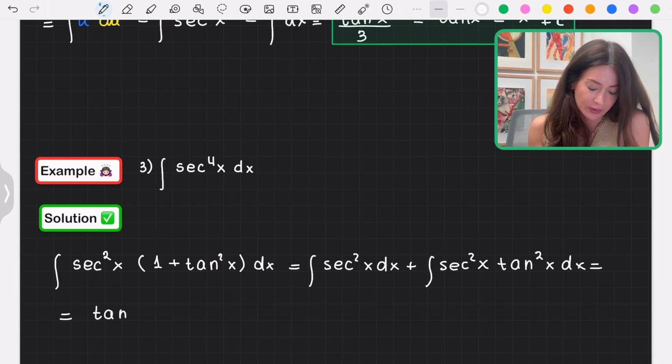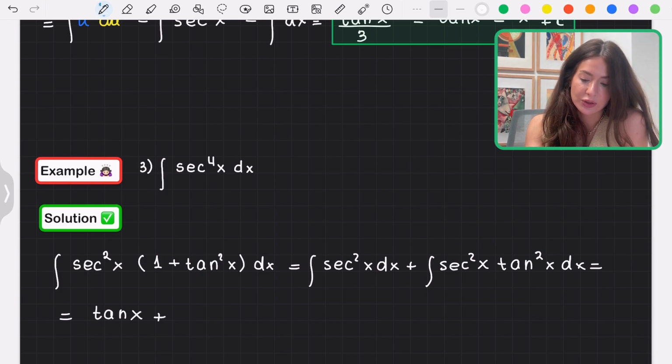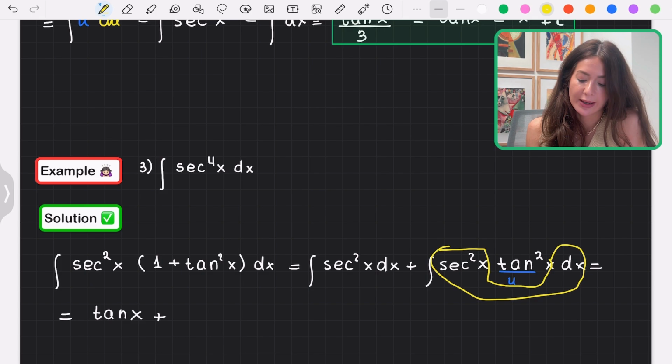So the first integral is tangent x, plus here you need to do a u sub where tangent is u and secant square x is du.